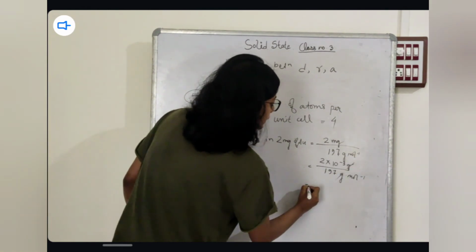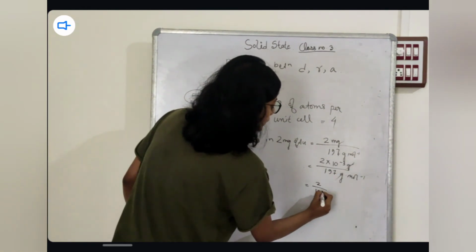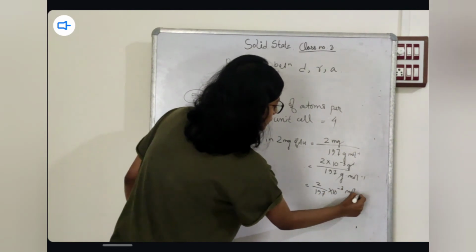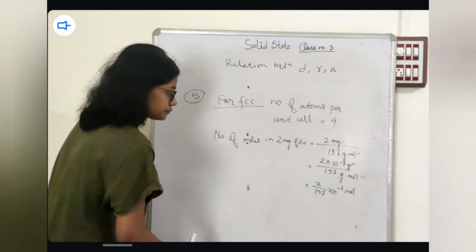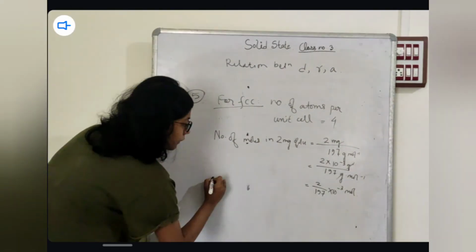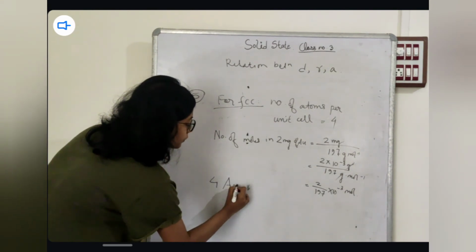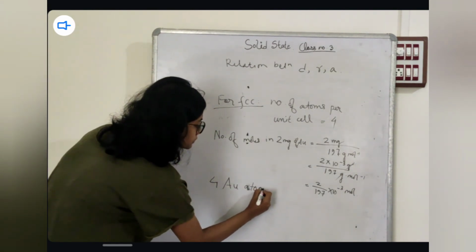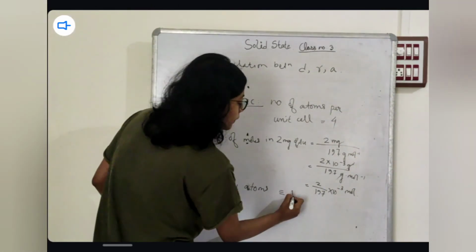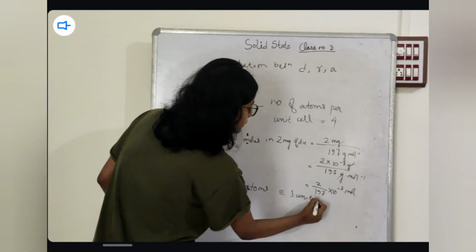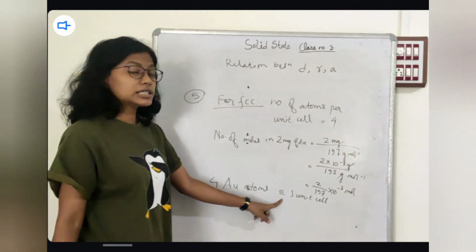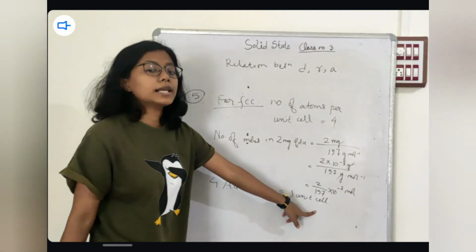This will be cancelled, so answer will be 2 by 197 into 10 to the power minus 3 mole. So now we know 4 gold atoms are present in 1 unit cell. So 4 gold atoms are equivalent to 1 unit cell.